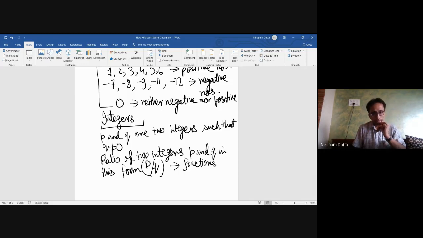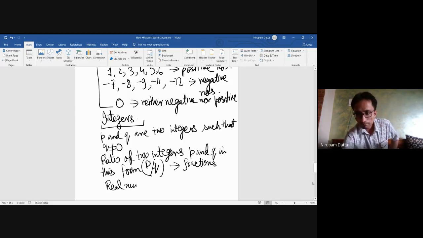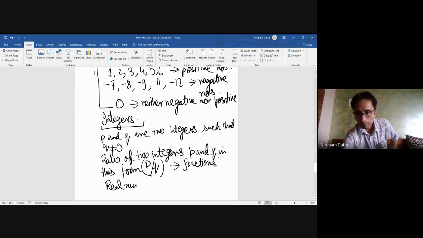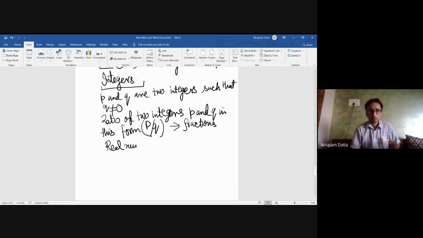Any number of this form P by Q, where Q is not equal to 0, is known as a rational number.